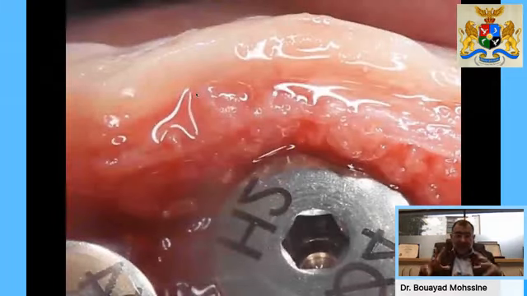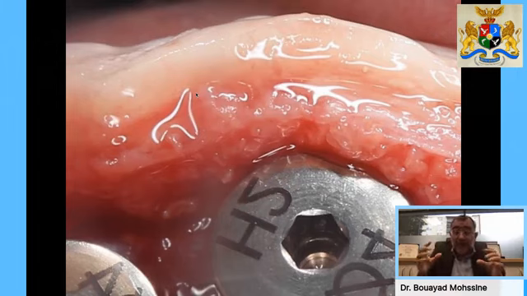That's why in this picture we have to have this thickness of mucosa around our healing abutment, a very thick connective tissue and keratinized gingiva around this.